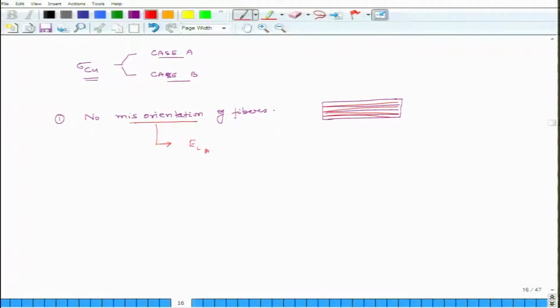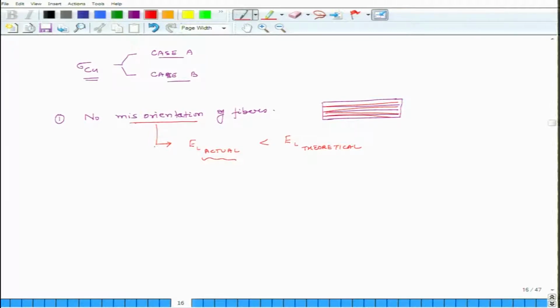And if there is misorientation, and we will see it later in the course, if the fibers are not exactly aligned in the 0 degree direction, our computation of EL actual will be less than EL theoretical, which we computed, and we will actually see how this gets influenced. And once this EL is going to be less, it will affect all other calculations in context of the strength of the composite.